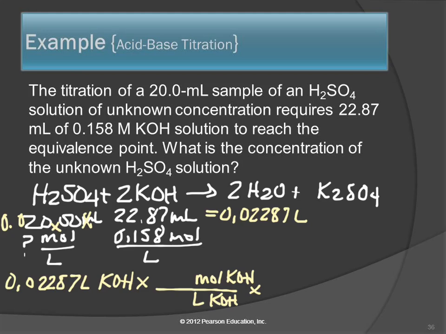And then from moles of KOH to moles of H2SO4. So those canceled. We want moles of KOH to cancel. And at that point, what have we calculated? What units left? Moles of H2SO4. What do we need to do to that to turn it into a molarity, moles per liter?